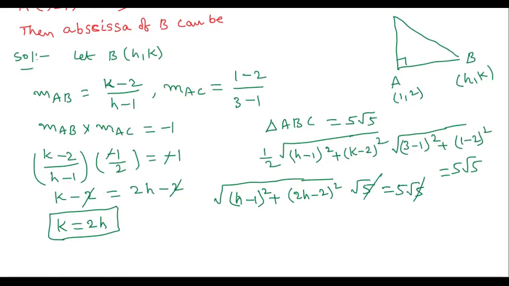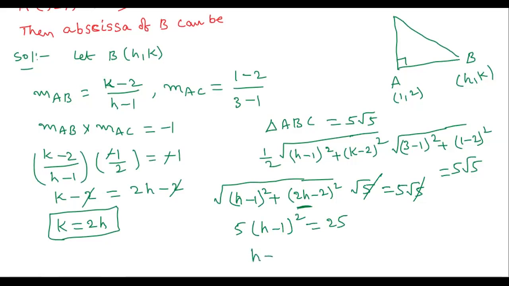Root 5 cancel. Now do the squaring on both sides. Here H minus 1 whole square. Here take 2 common, 4 will be outside. Now 5 into H minus 1 whole square is equal to 25. How did we get 25? Squaring on both sides.